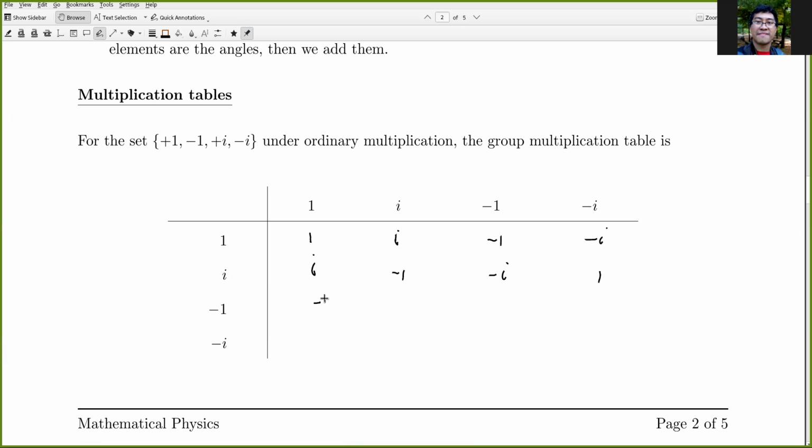So this would be negative 1, negative i, 1, i, negative i, 1, i, negative 1.